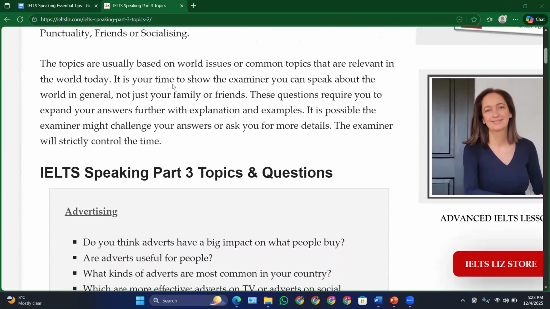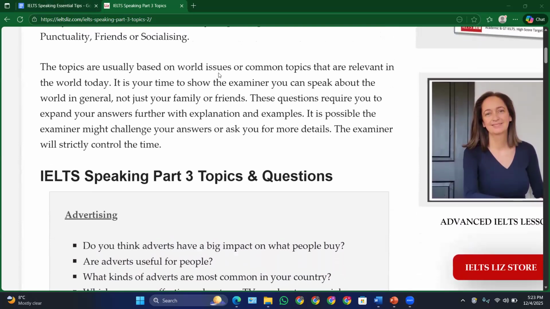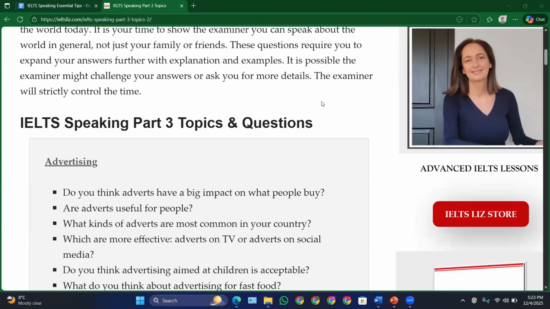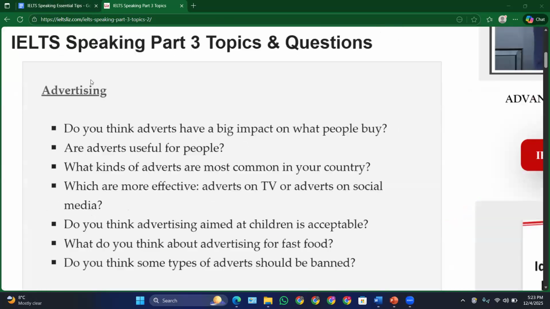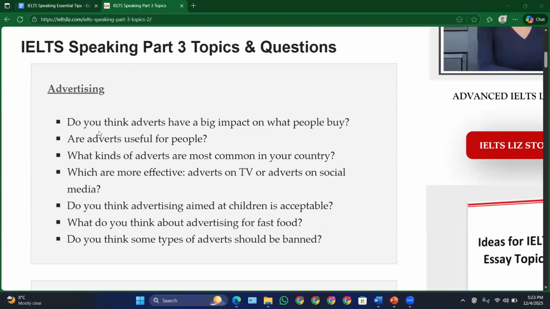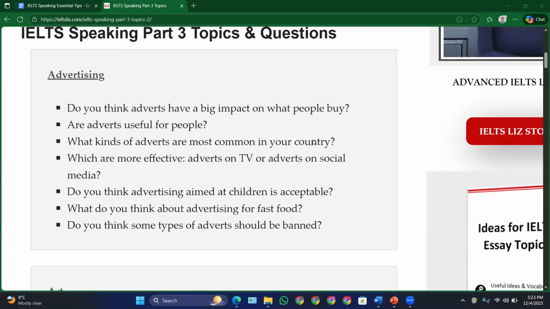But we often don't think about those world issues or common topics. For example, this is a question on advertising: do you think adverts have a big impact on what people buy?